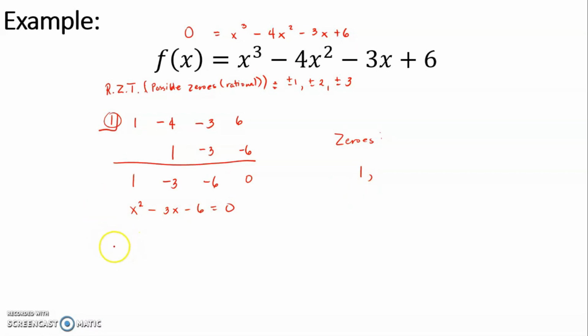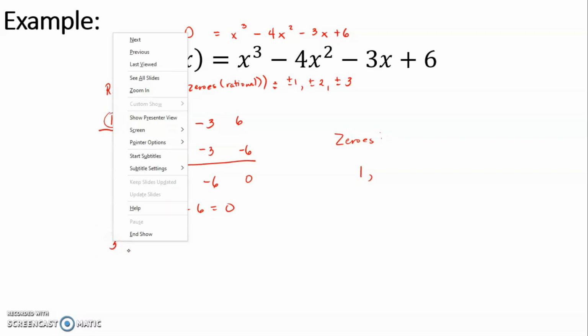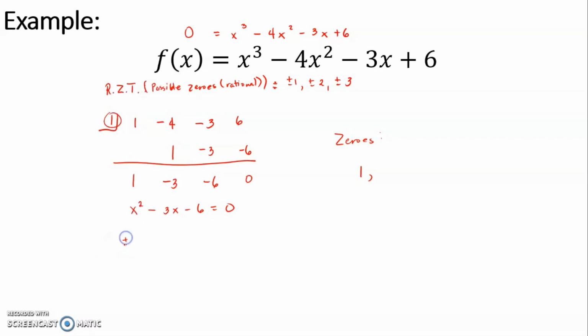So that would be negative b plus or minus the square root of b squared minus 4ac, all over 2a.